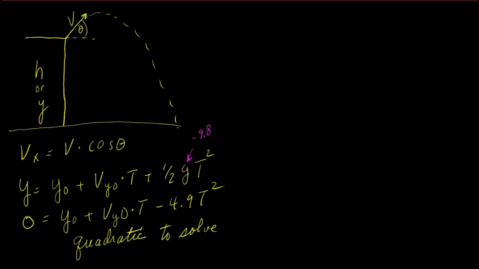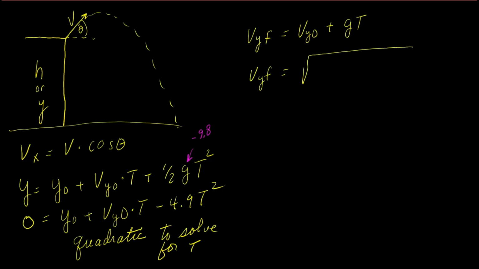I know that the final velocity y is going to equal the initial velocity y plus gt. And I can also use that the final velocity y is equal to the square root of the initial velocity y squared plus 2 times g times the y value.